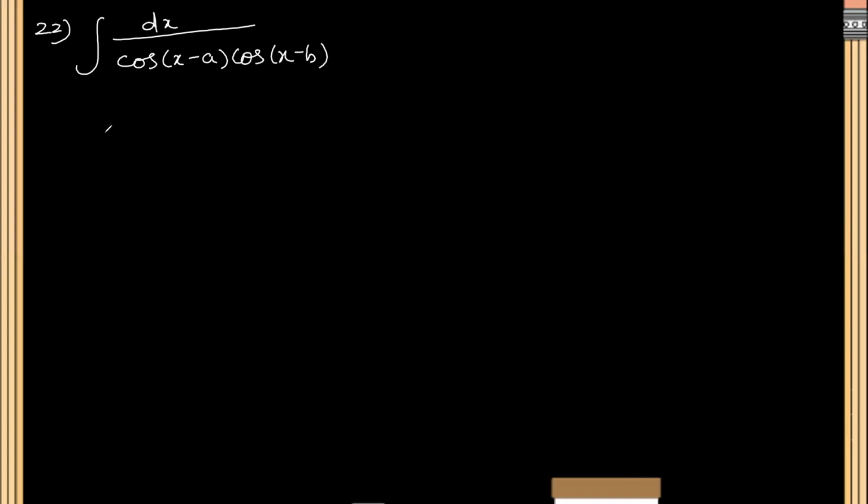Directly, if we try to use the 2 cos A cos B formula, it is in the denominator part, so it is difficult for us to integrate by taking the reciprocal function. So the first step is we multiply and divide by sine of a minus b.